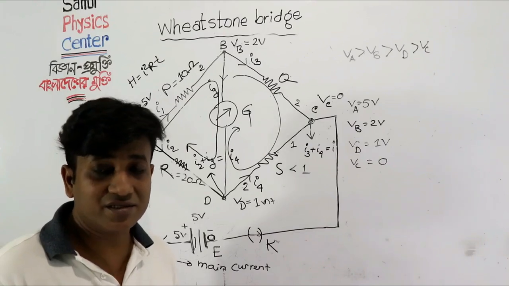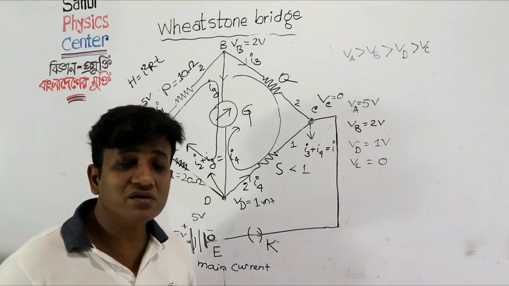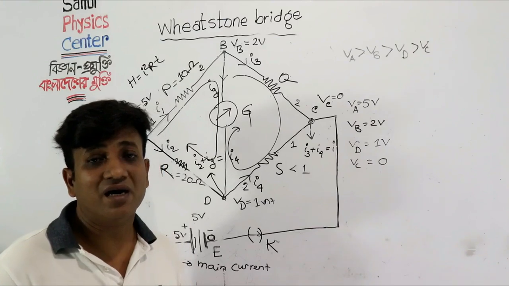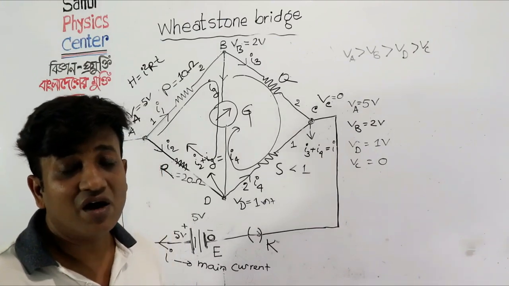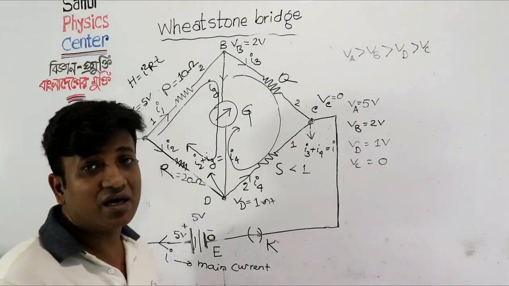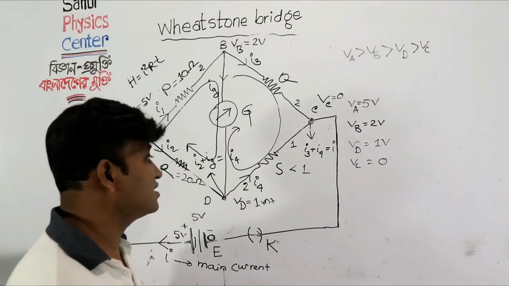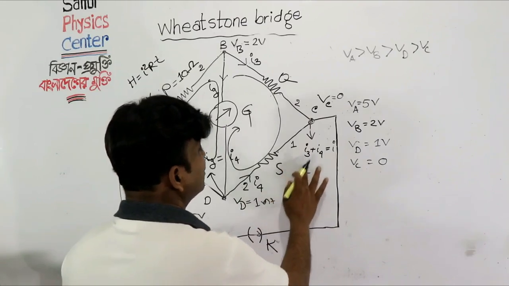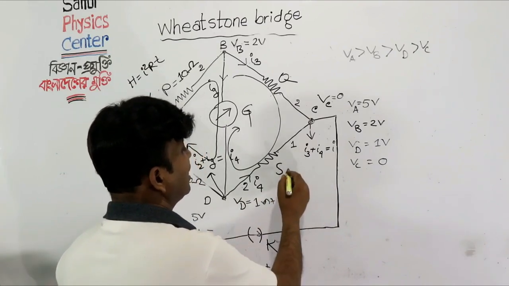Again, we also cannot determine the high resistance of a conductor. The cause is that if the resistance of the conductor is high, then the value of S will also be high.